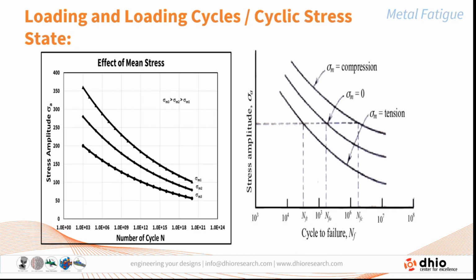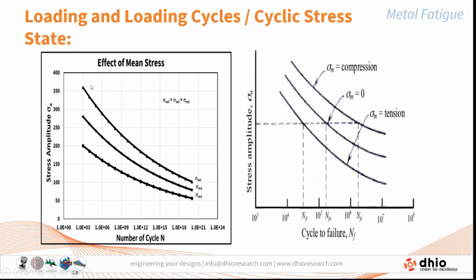So here we see these effects when we plot the stress amplitude against the number of cycles, where the mean stress plays the key role, because whenever the loading is alternating, the mean stress is 0, whereas in the other two cases, fluctuating loads, there is a non-zero mean stress.